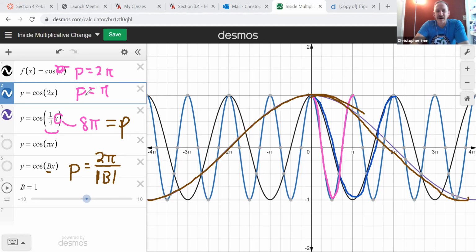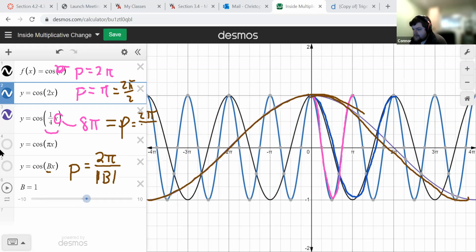So for instance, when we look at that blue graph, that period is going to be 2 pi over the b, which is 2, or pi. This one here is going to be the regular period, 2 pi, that they have without any multipliers, and we divide it by that constant in front. So 2 pi divided by 1/4, 2 pi times 4/1, that's 8 pi.